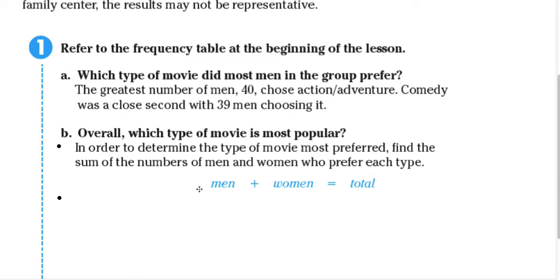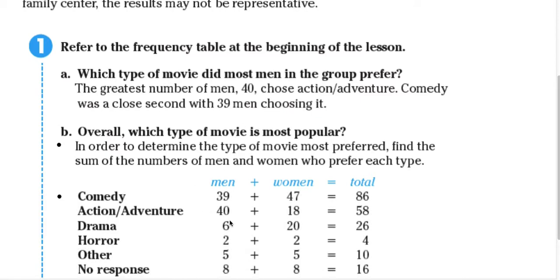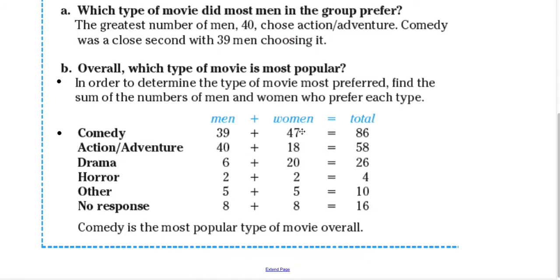If you do that, this is what you get: comedy 86, action adventure 58, drama 26, horror 4, other 10, and no response 16. So looking at this particular table, comedy is the most popular type of movie overall.